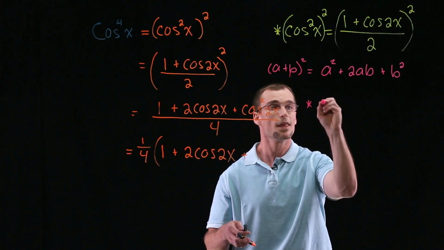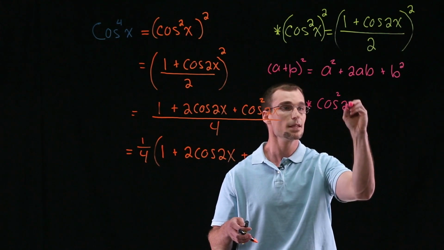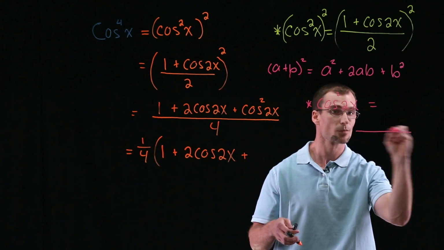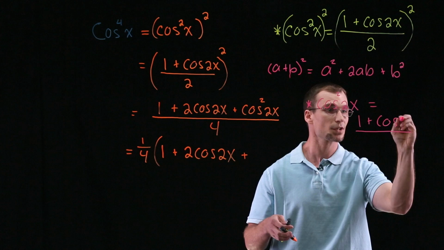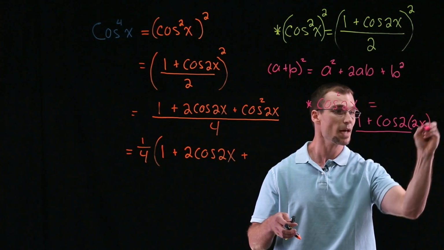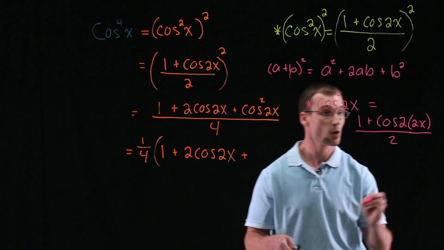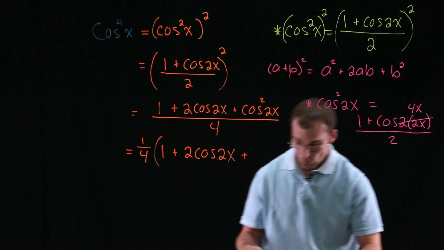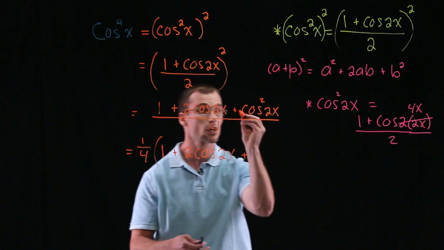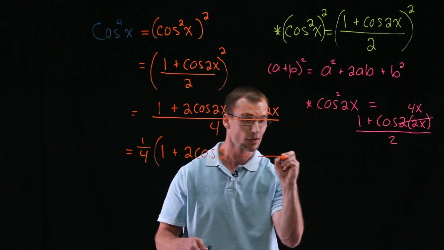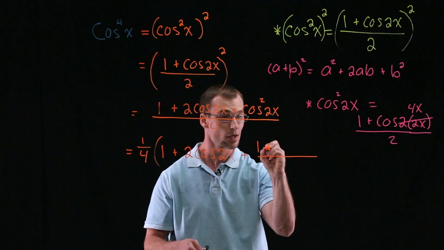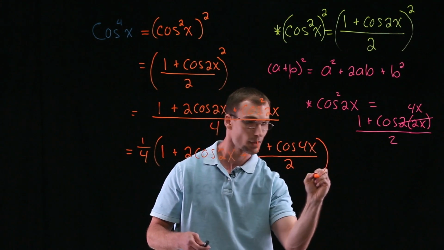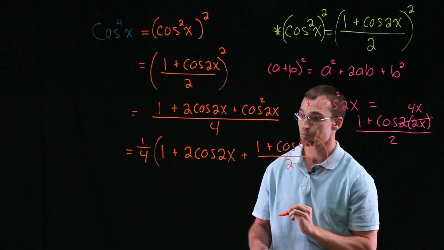So if we have cosine squared of 2x, well, that's equal to 1 plus cosine of 2 times that angle, 2x, over 2, or cosine 2 times 2x, of 4x. And so that's what we're going to have here. So in place of our cosine squared 2x, we're going to have plus the quantity 1 plus cosine of 4x over 2. And all of this is being multiplied by our 1/4.